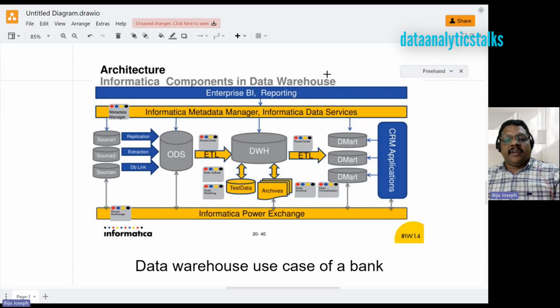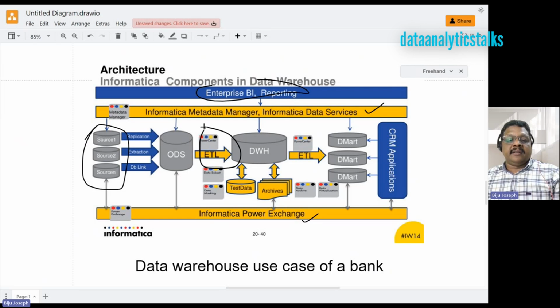Informatica components in data warehouses: there is also the outer layer, enterprise BI and reporting. And we have the Informatica metadata manager, something called the repository services, and we have Informatica designers. Okay. In this diagram, you see there are multiple sources and there is an ETL process.